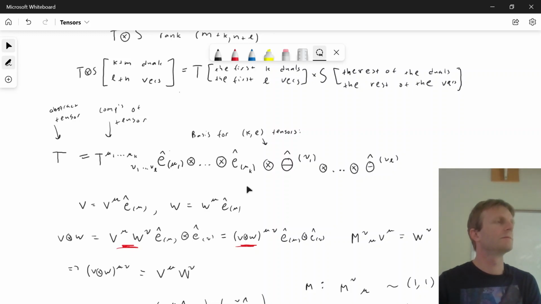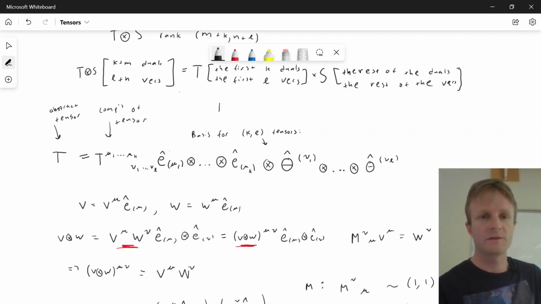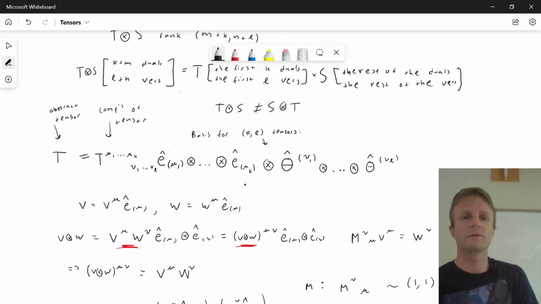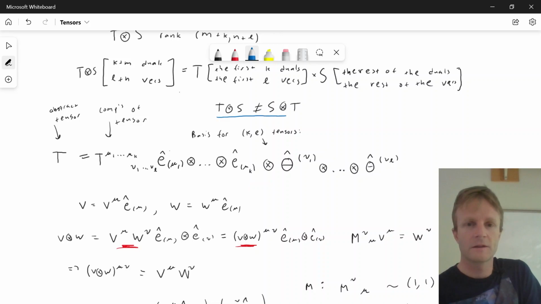It seems to imply that there's ordering. Oh, absolutely, excellent point. So T tensor S is not equal to S tensor T, because that would correspond to swapping the ordering. Thank you for reminding me to say that.